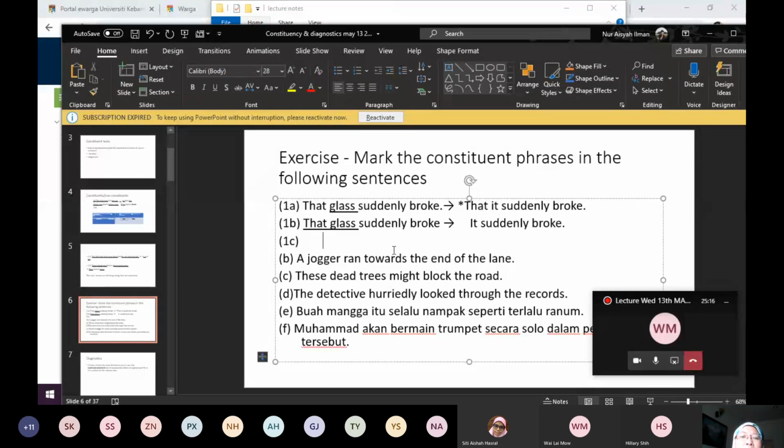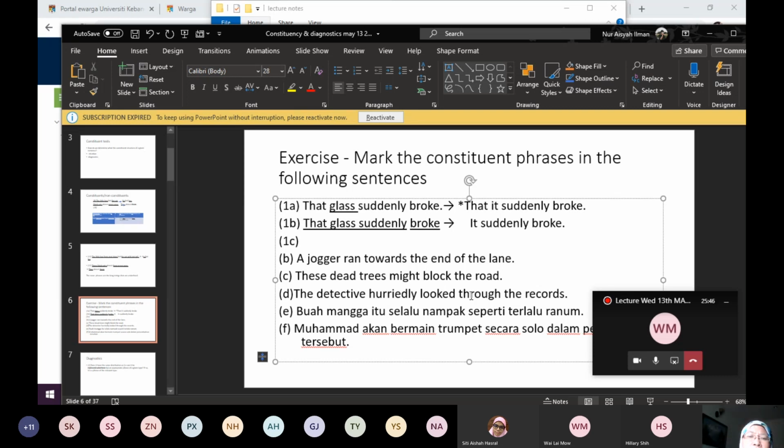So we can mark that broke is also a constituent. And then suddenly is a constituent, but a constituent which is closer to broke rather than glass. We'll see later how we know this is a constituent, because we can change it with another verb.